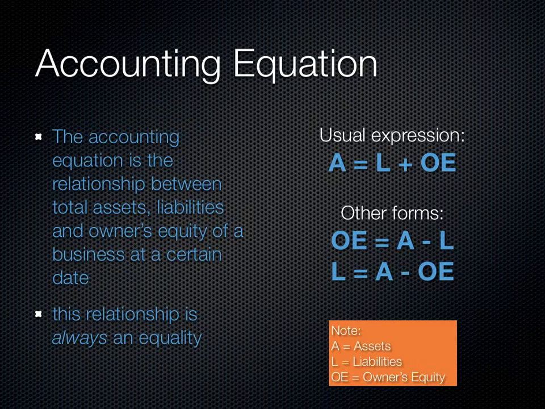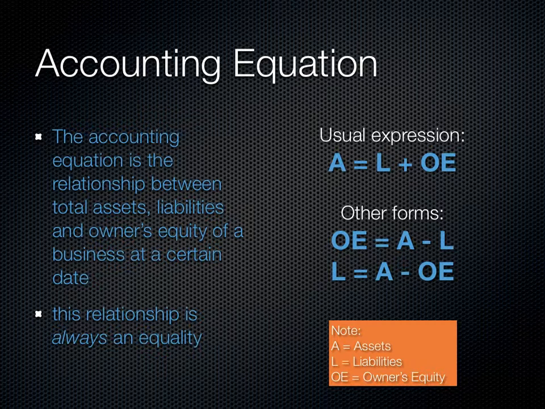So we have this accounting equation which explores that relationship between the assets that the business holds, the liabilities that it has, and the owner's equity, the money that the business effectively owes back to the owner. And that relationship must always be in balance. It is always an equality.